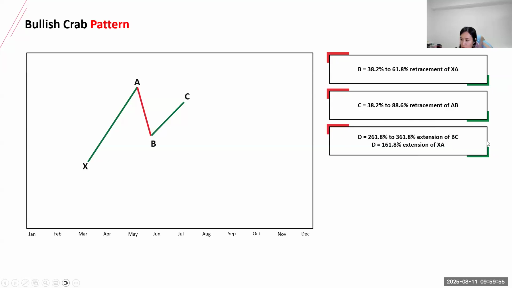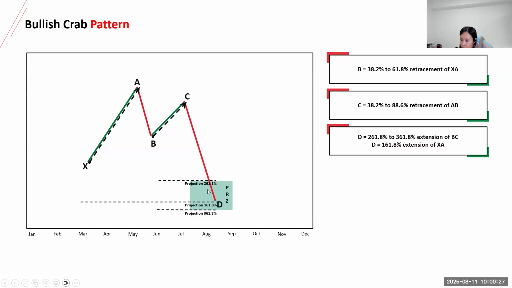Now the D point, you can get the BC extension at 261 to 361, depending where the C retrace is. Another way to measure D, you can measure from the XA extension at 161.8, somewhere around here, or you can use the projection. Then you have the PRC zone right here.